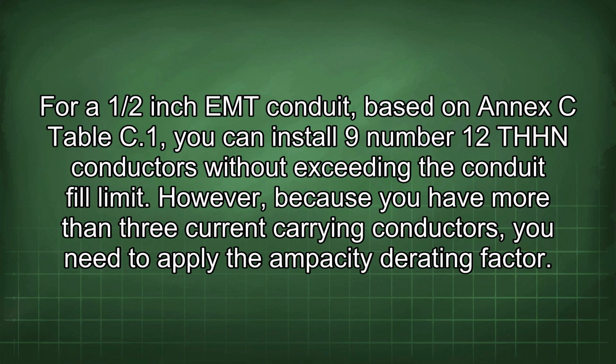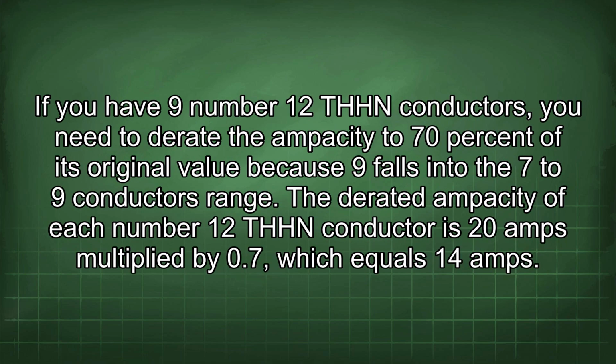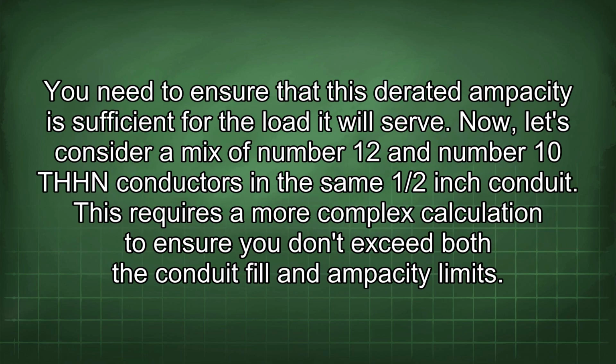However, because you have more than 3 current carrying conductors, you need to apply the ampacity derating factor. If you have 9 number 12 THHN conductors, you need to derate the ampacity to 70% of its original value because 9 falls into the 7 to 9 conductors range. The derated ampacity of each number 12 THHN conductor is 20 amps multiplied by 0.7, which equals 14 amps. You need to ensure that this derated ampacity is sufficient for the load it will serve.